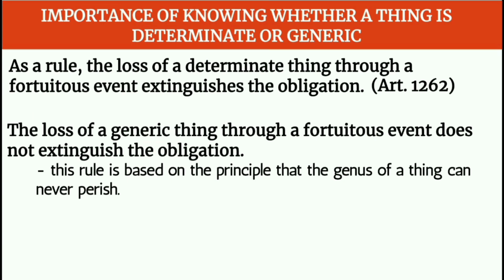Kasi nga, yung 10,000 pesos ay generic thing. Kahit mawala yung 10,000 pesos through a fortuitous event, makakahanap ka pa rin ng 10,000 pesos. That is why the loss of a generic thing through a fortuitous event does not extinguish the obligation. Because this rule is based on the principle that the genus of a thing can never perish.